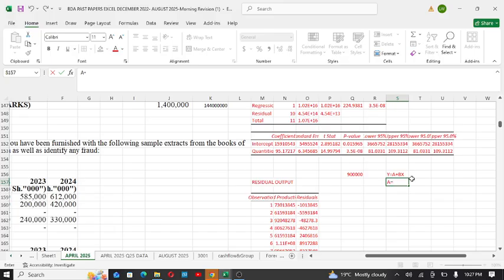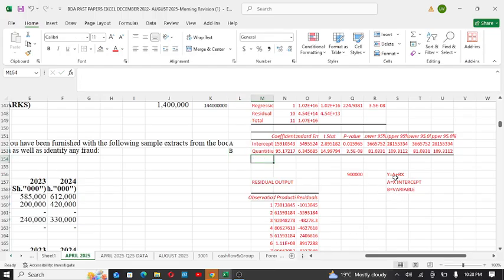Our a is the intercept. Then our b is the variable. So our intercept doesn't change, this one is our a. Then our variable keeps changing, so this one is our b.